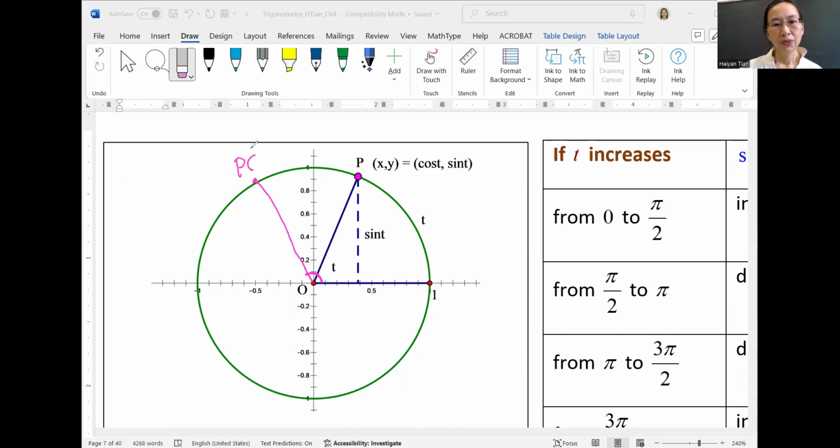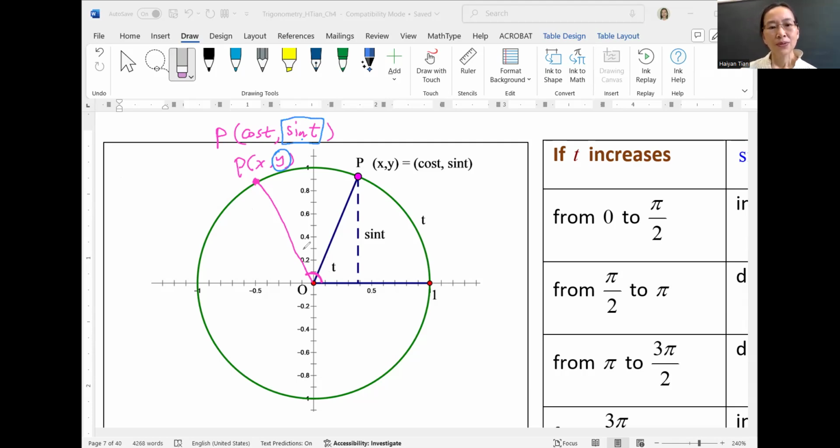So we know the x and y coordinates of the point will be cosine t and sine t respectively. So we can look at this same point as x, y, or cosine t, sine t. So we can view it that way. But that is to emphasize that we are now focusing on the sine value of a t.